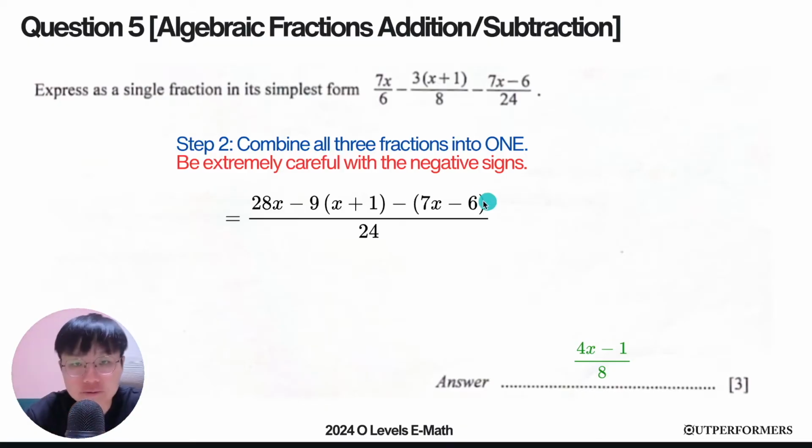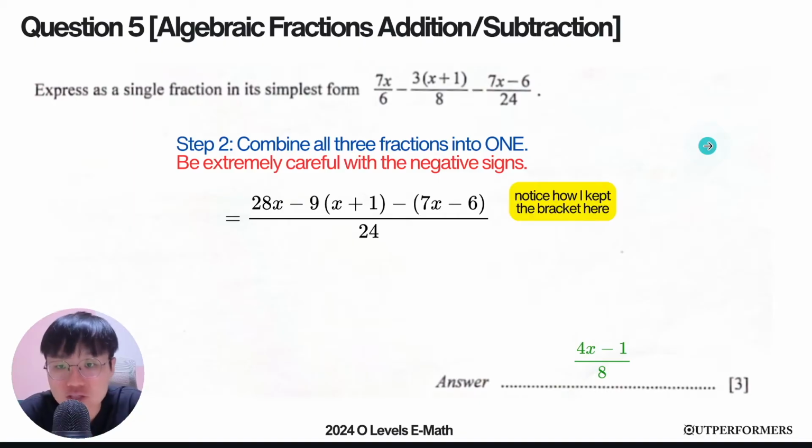So right here, this is how I put them together, and notice one thing: I actually kept the bracket here and I actually added a bracket over here. This is essential, especially in this case, when you have to remind yourself that you have not included the minus sign into this bracket yet.